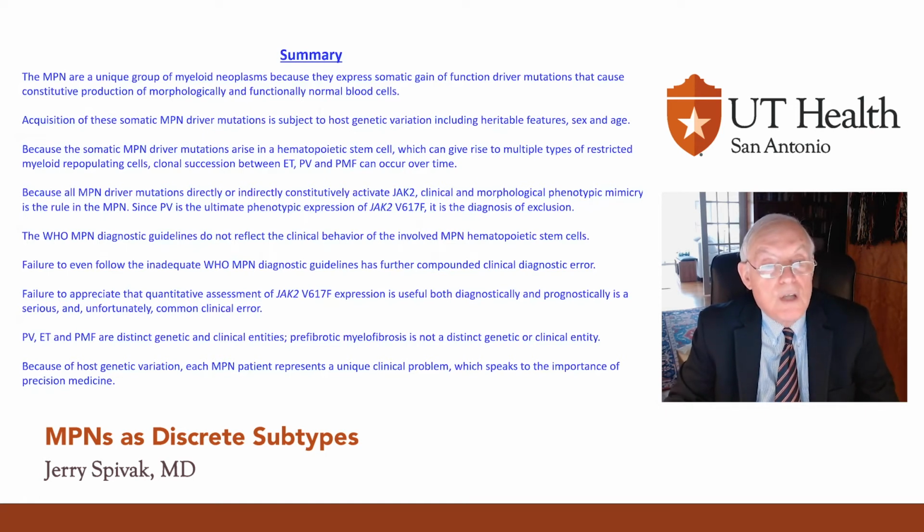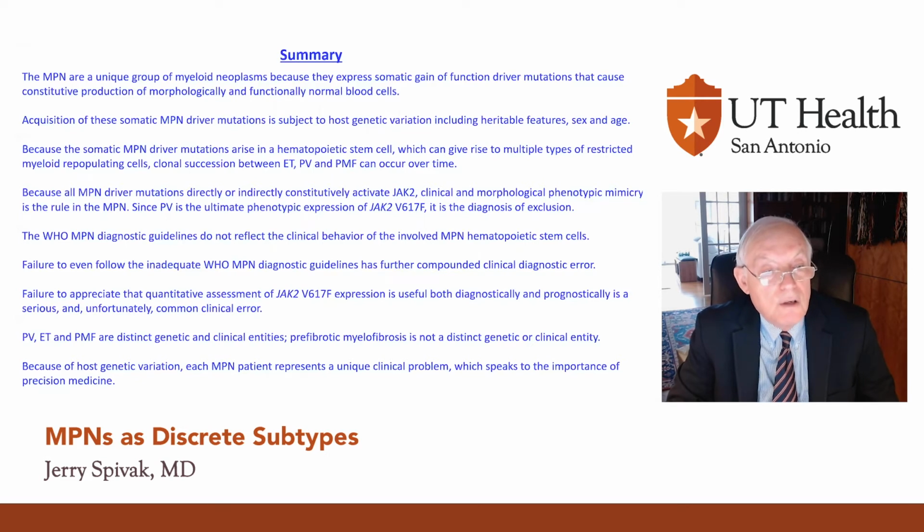Because the driver mutations activate JAK2 V617F, phenotypic mimicry is the rule, both clinically and in the bone marrow. But PV is the ultimate phenotypic expression of JAK2 V617F. It's a diagnosis of exclusion.